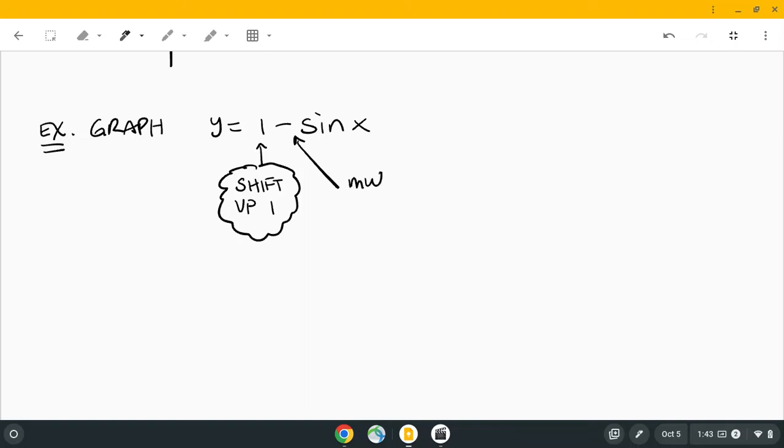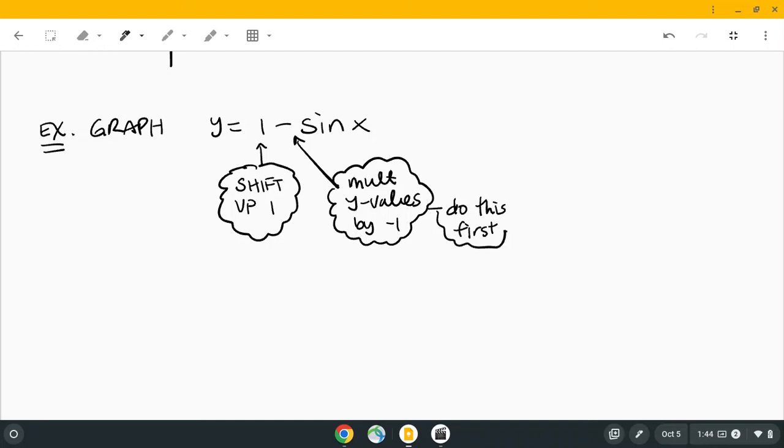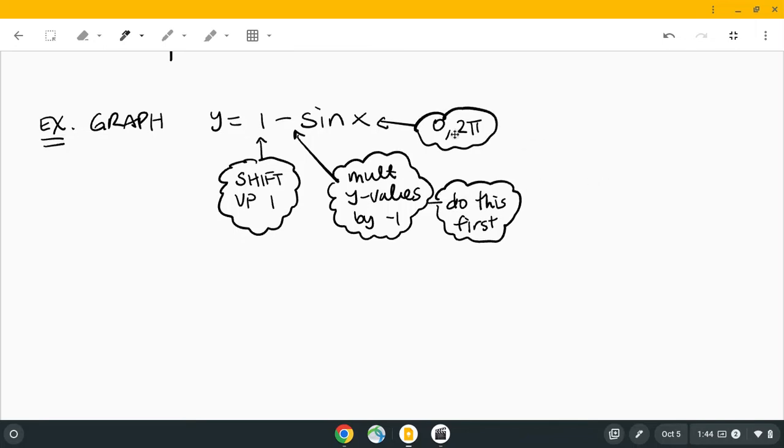Okay, so again, whenever you have to multiply the y values, you want to do that first. Multiply y values by -1. Okay, again, always do these first. Do this first. Okay, and since nothing is happening to our angle, we will still graph it from 0 to 2 pi. Okay. When we start doing the horizontal shifts, that's going to change.